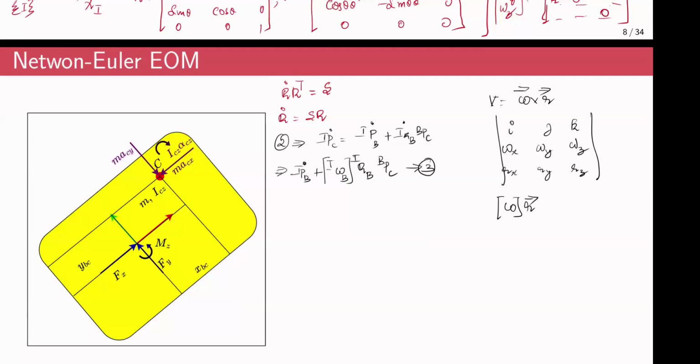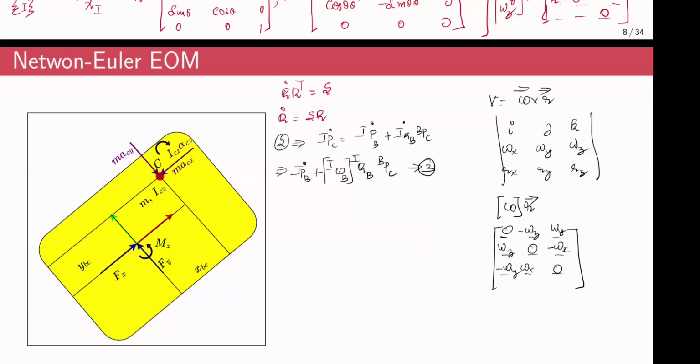This omega matrix can be a skew symmetric matrix. The diagonal elements are all 0, and the remaining elements are omega x, minus omega y, omega z; this becomes minus omega z, omega y, minus omega x.